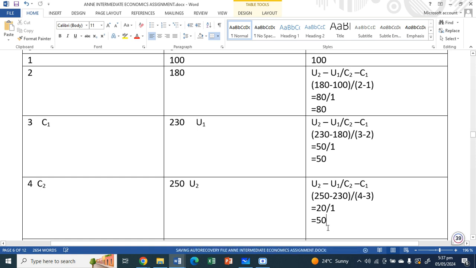So the additional satisfaction that we get when we increase consumption from 3 units to 4 units is 20 UTUs.